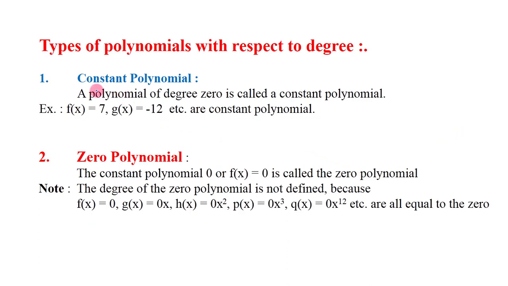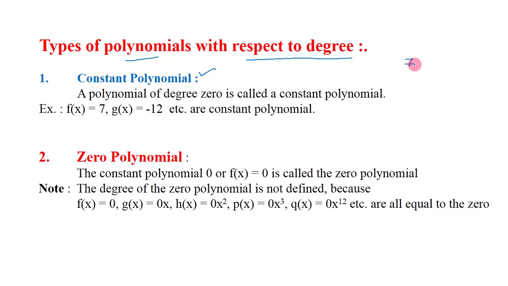In this slide we are going to discuss the types of polynomials with respect to the degree. That means based on degree, types of polynomial. First one, constant polynomial. Constant polynomial means what? A polynomial with degree 0 is called a constant polynomial. That means every constant number is a constant polynomial whose degree is 0.